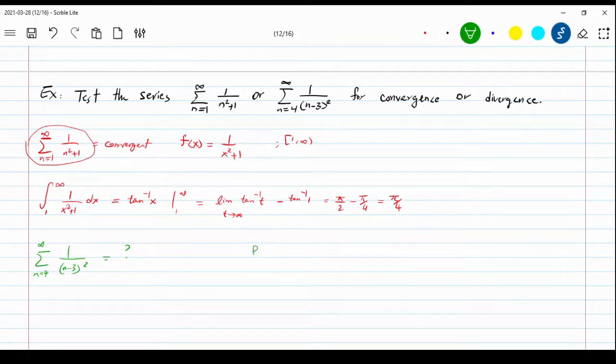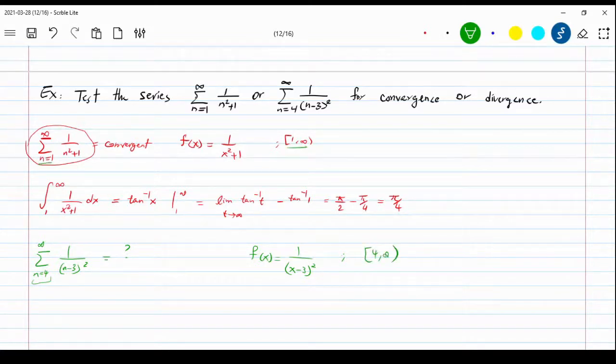So what I'm going to do is think about this function 1 over x minus 3 squared. Is the function increasing or decreasing, and over what interval? Here's the good news. Since n starts from 4, I don't need to pick the interval to be 1 to infinity. I can pick the interval to be 4 to infinity.